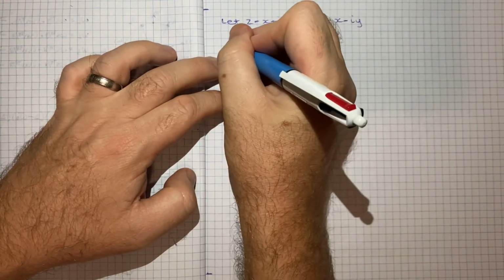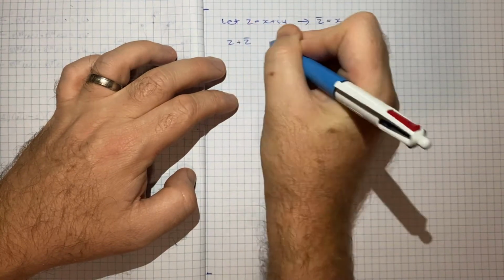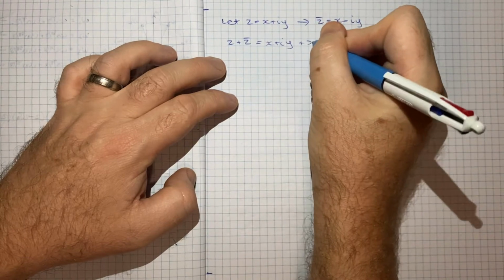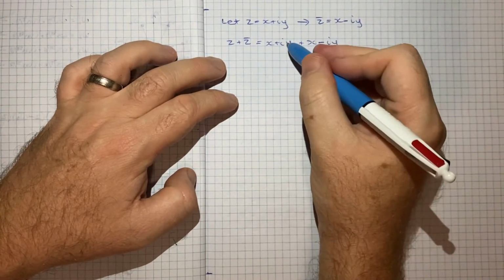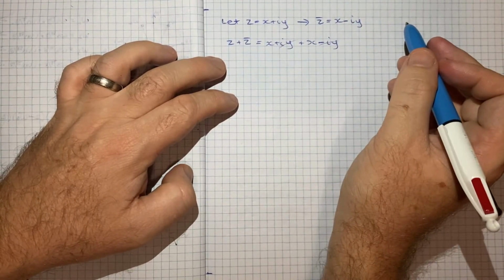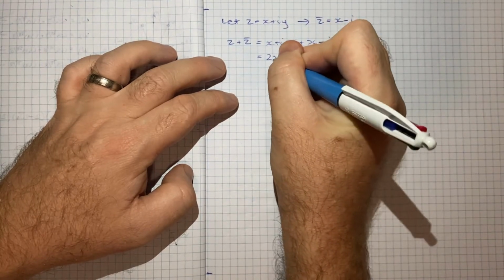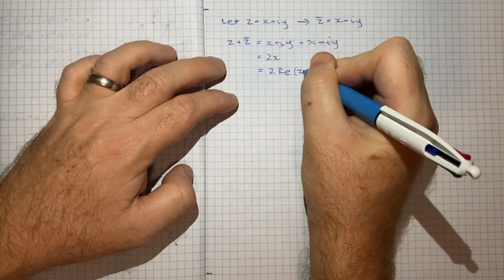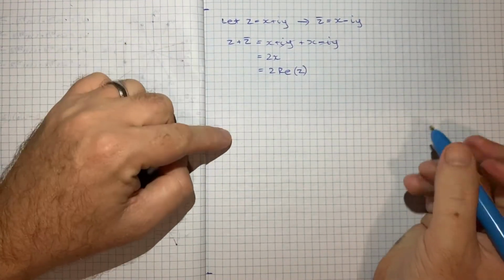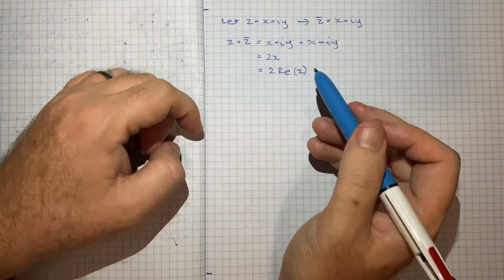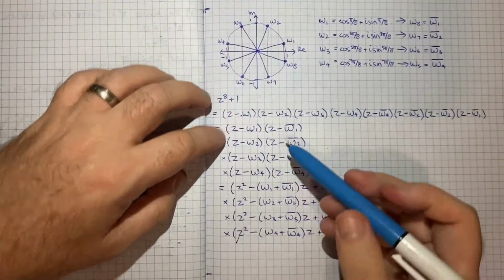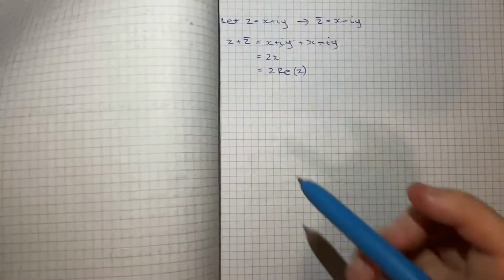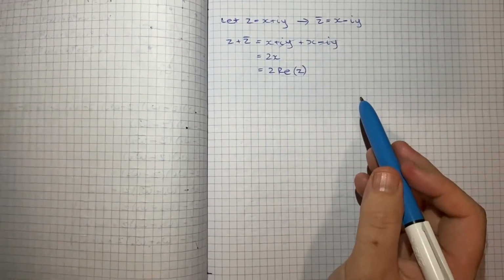And so if we wanted to take z plus z bar, that would become x plus iy plus x minus iy. So the imaginary parts cancel and we just get 2x. Or in other words, 2 times the real part of our complex number. So that's good. It means all of these instances where we're adding the complex number with its conjugate, they're all going to turn out to end up being real.